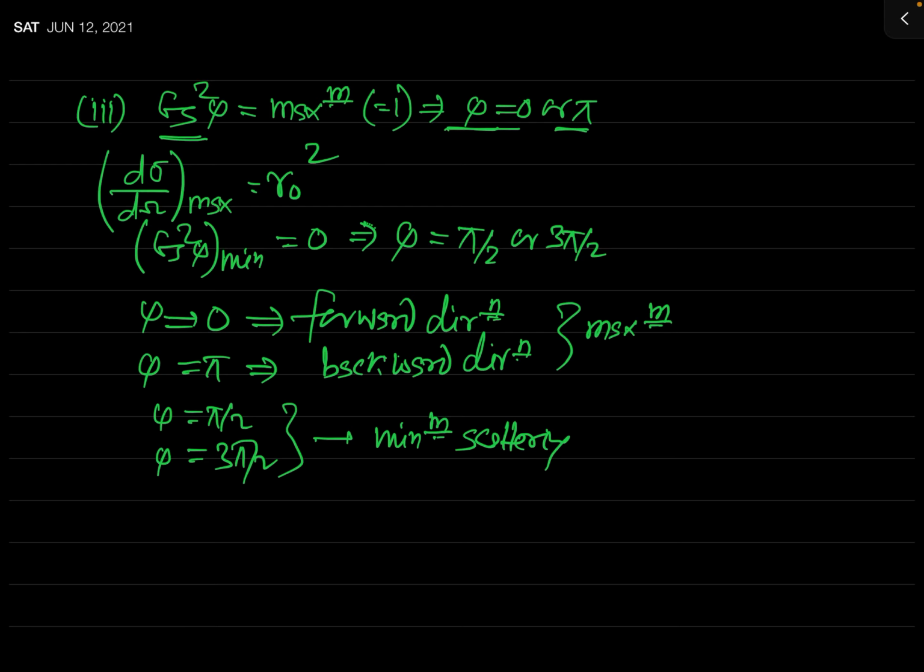Now you can see another important property from a graphical plot. We will actually plot a graph of this scattering cross section against the value of phi, in case of both polarized wave and unpolarized wave. So let us see this graphical plot here, and from that graph all these things will be clear to you.